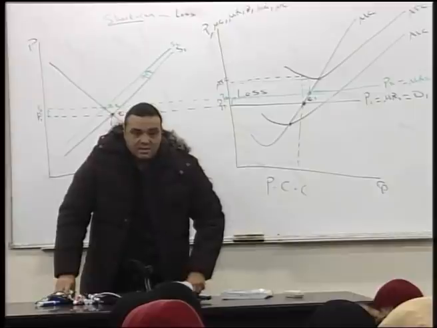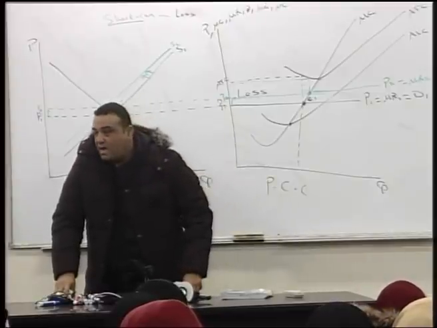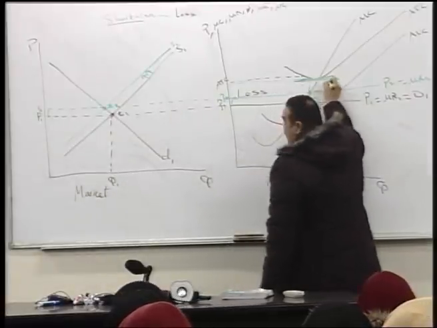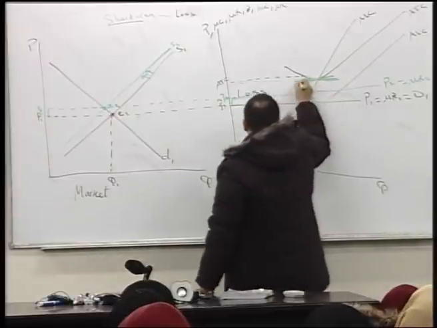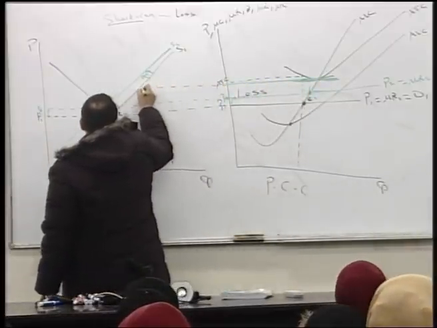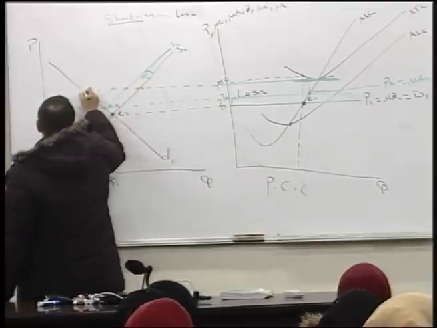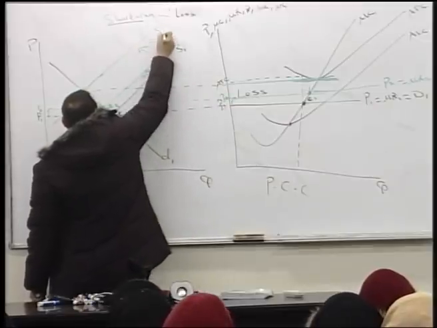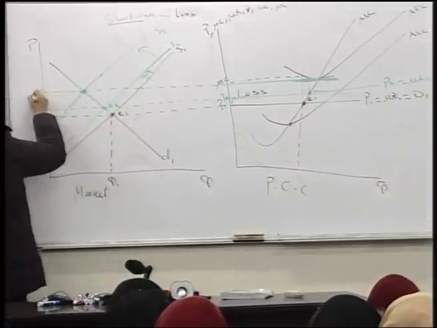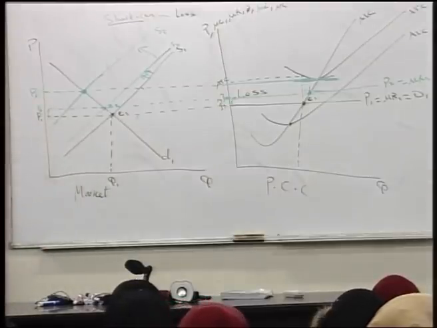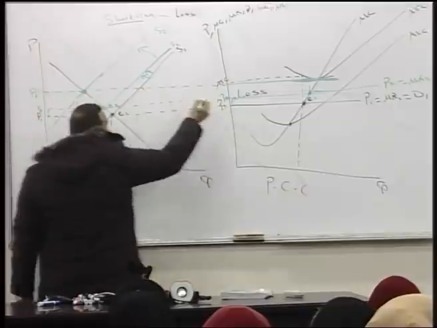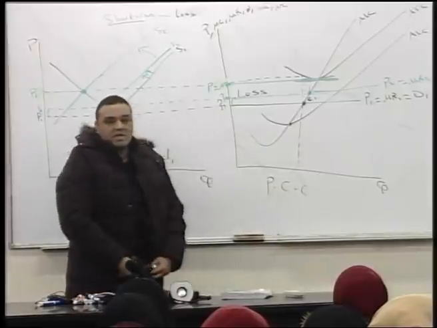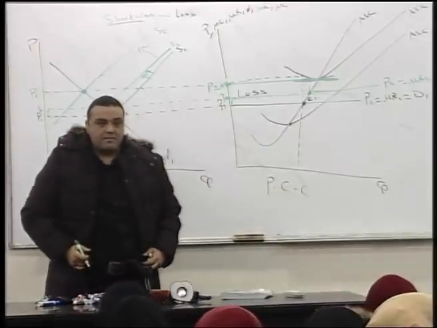Additional sellers will leave the market. Right? They will keep leaving until we reach this point, the minimum ATC, where the price is at that level. We come to this point here, to S3. Here we have the price P3. What happened? Now P equals ATC, which is break even in the long term.